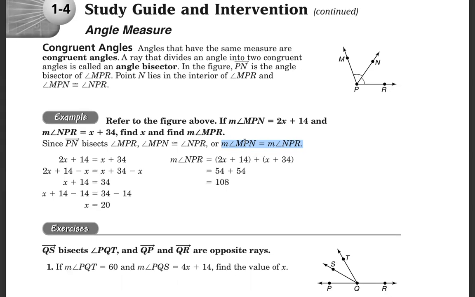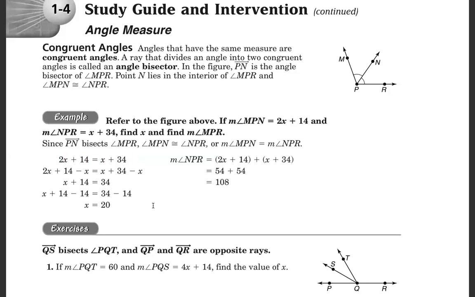From there, you replace MPN with 2x plus 14, and NPR with x plus 34. So together, your equation is 2x plus 14 equals x plus 34. And then you do the algebra. Minus x on both sides to take out this x here. That leaves you x plus 14 equals 34. And then minus 14 on both sides. That gives you x equals 20.